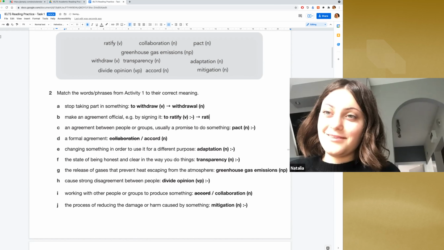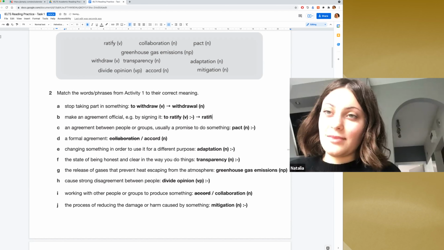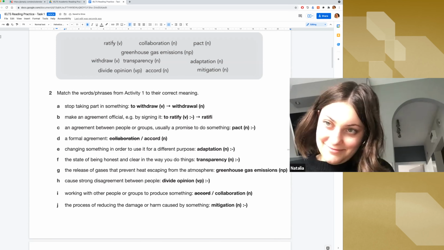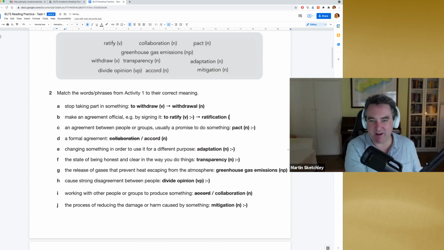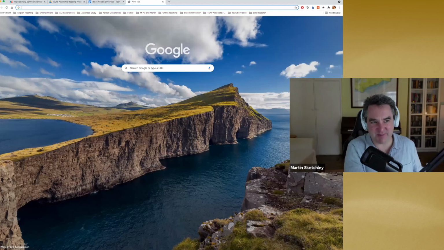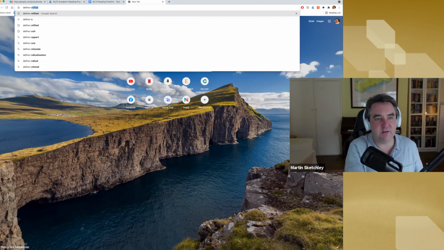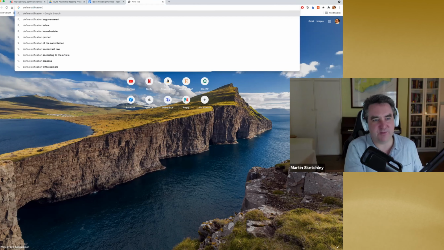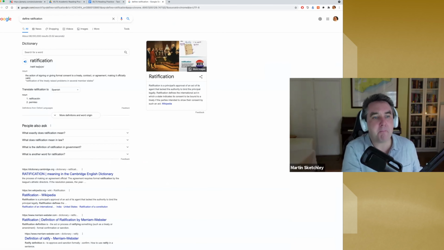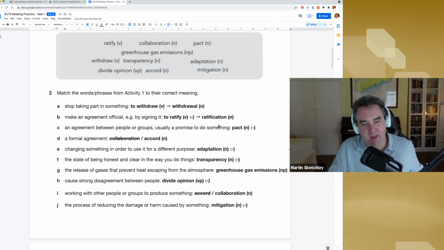Ratification. I think it might be ratification, but I'm going to double check because it's not a word that I tend to use that often. Yep, there we are, ratification.